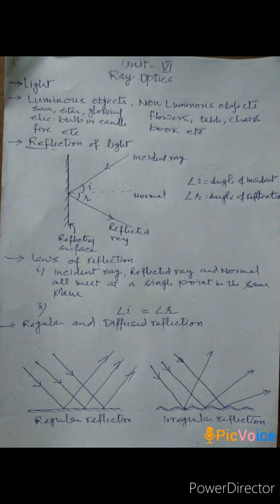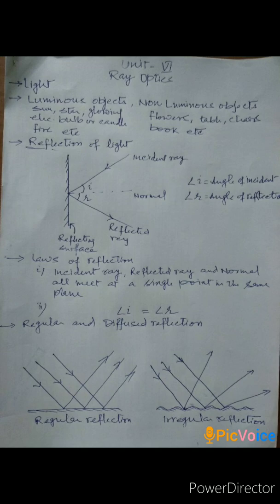Now the next topic is the reflection of light by a plane surface. The reflecting surface, like a mirror, is coated with silver salt and protected by a layer of red oxide.